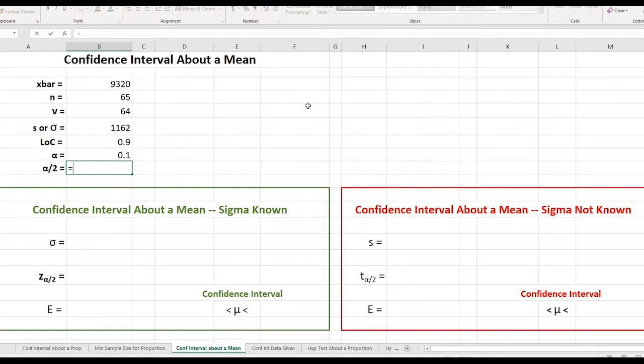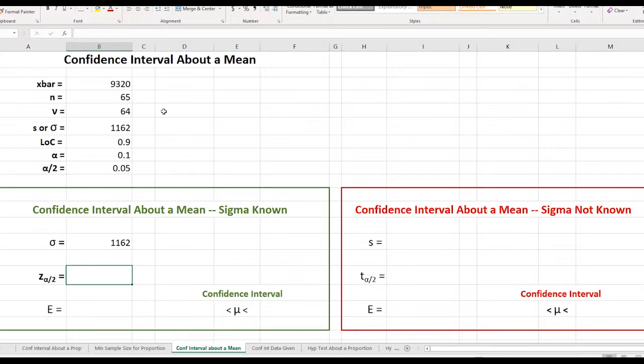Alpha over 2 equals alpha divided by 2. For this panel right here, the one in greenish, we will say equals for sigma, and I'm just going to click on the cell that contains that. Again, I will explain later why I have it set up this way. It just makes this spreadsheet more multi-purpose.